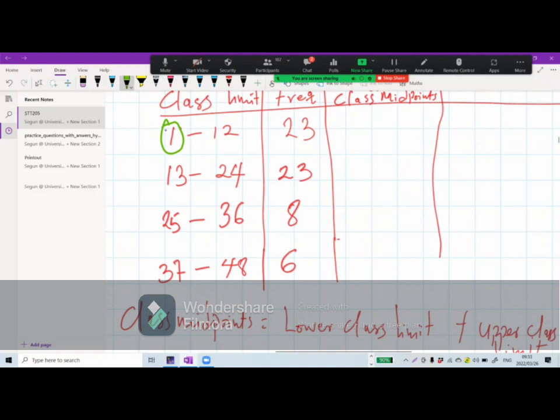This is lower, and this is upper. Lower class limit, then upper class limit, like that, till you reach down.